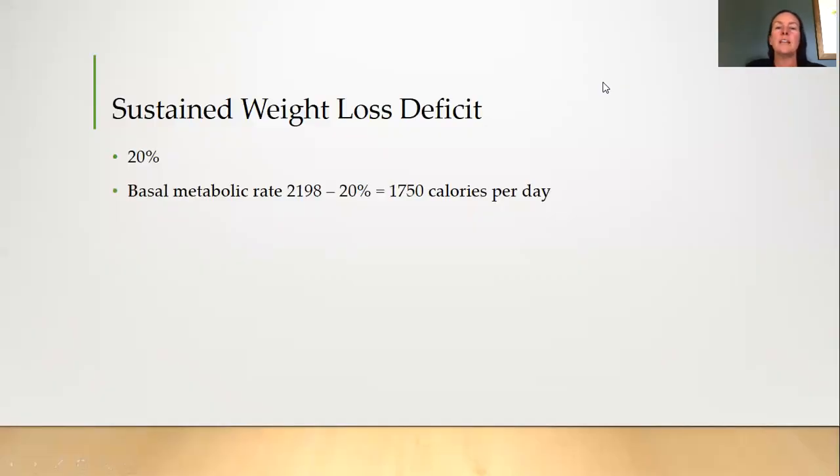So if you're wanting a sustained weight loss, you want to be looking at a caloric deficit. Remember that just means energy, a deficit, that means you've got less than your body needs. So instead of using the calories that you're consuming, your body is going to start using the pounds or kilos of body fat that you've got in your stores.